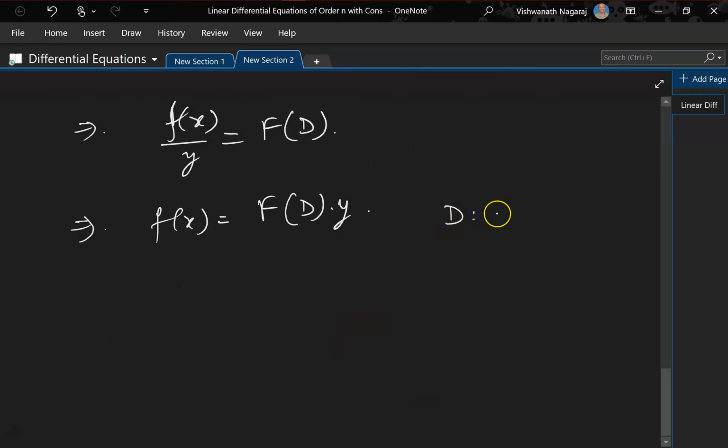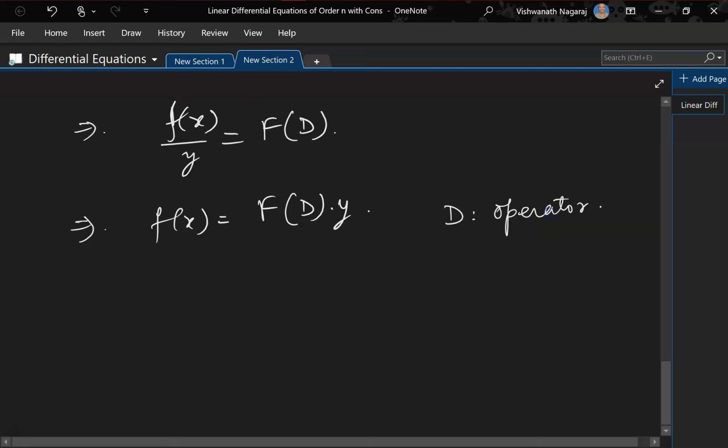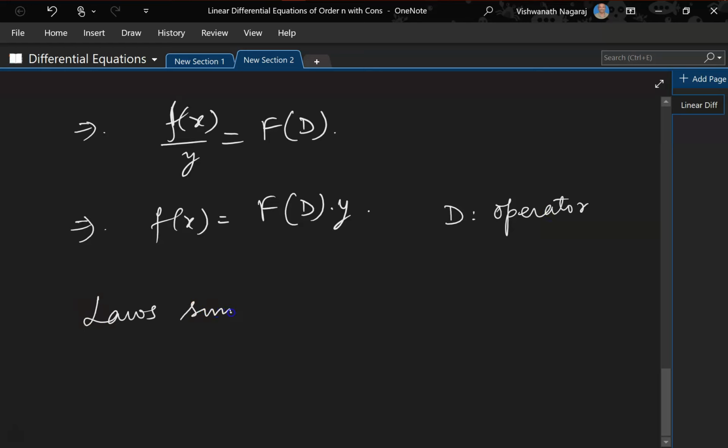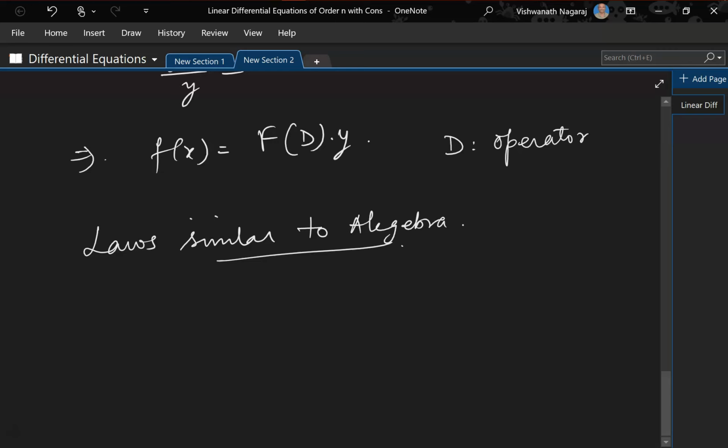D is treated as an operator and it satisfies the following laws, similar to the fundamental laws of algebra. This operator would follow. So what are they? D of (u plus v) is equal to Du plus Dv. This is nothing but the distributive law.